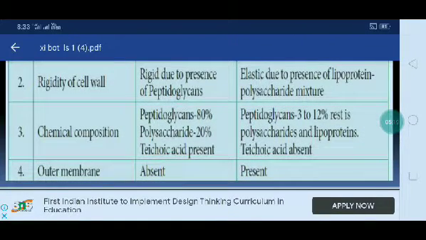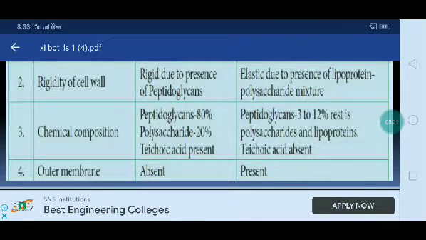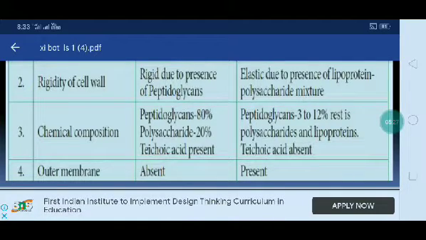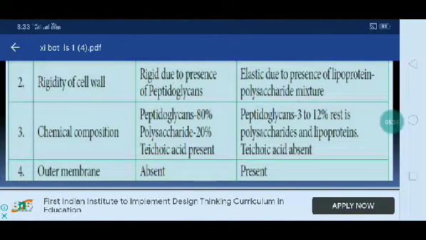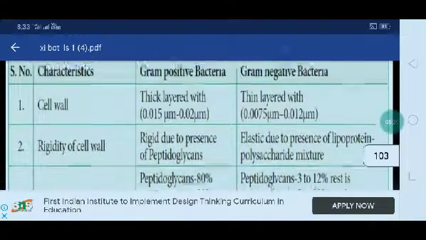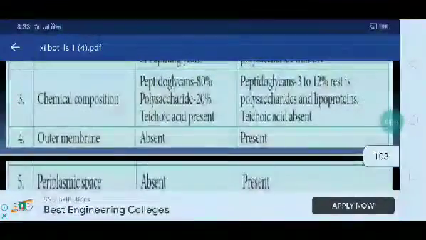Then chemical composition. What chemicals are present in the cell wall? In Gram positive, peptidoglycan is 80%, polysaccharide 20%, and teichoic acid is also present. In Gram negative, peptidoglycan is 3 to 12%, the rest is polysaccharides and lipoproteins. Teichoic acid is absent in Gram negative bacteria.